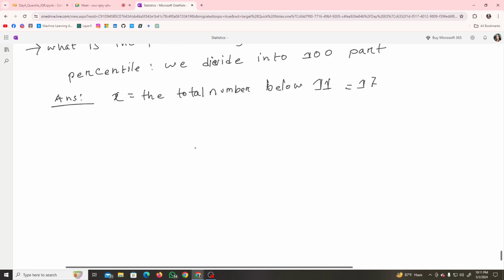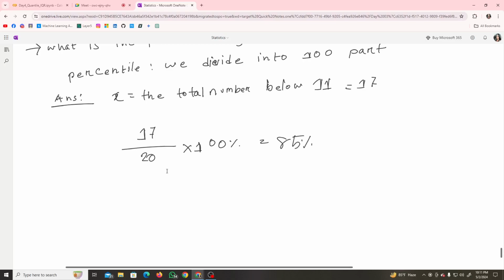So the formula will be something like 17 by the total number in the data set. The total number in the data set is 20, so n equal to 20, into 100%. By calculating this, we get 17 by 20 into 100. We get 85.